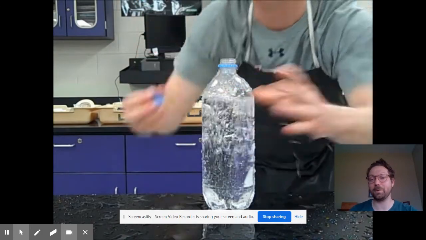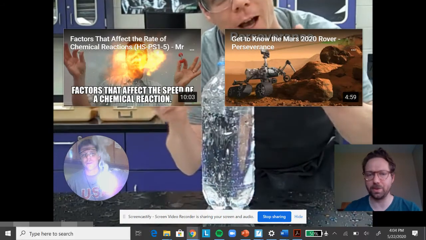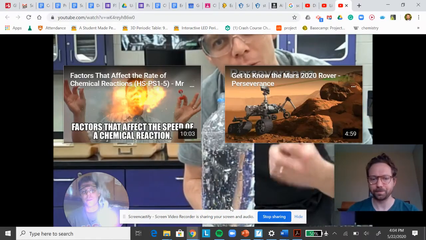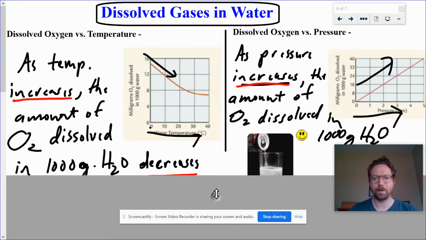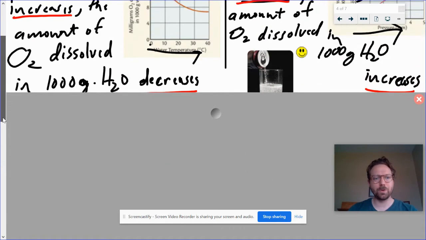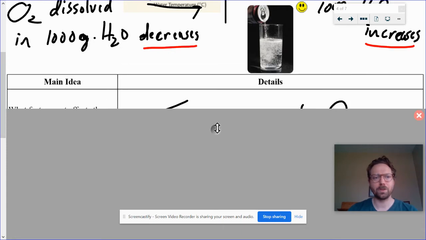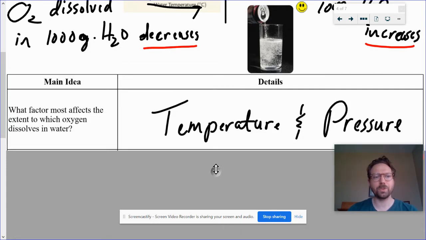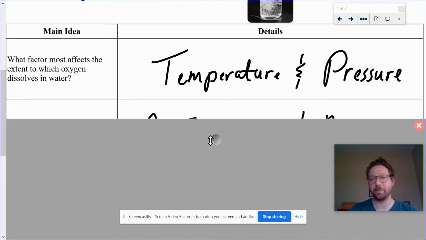So it was not able to hold very much at all of the dissolved gas because it was so hot. So just wrapping this up here, the 2 factors that mostly affect the amount of dissolved gases or oxygen are temperature and pressure.